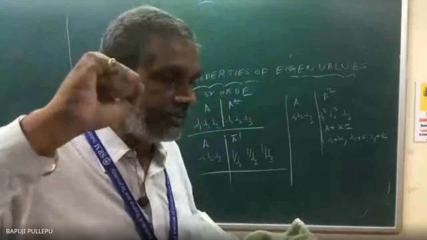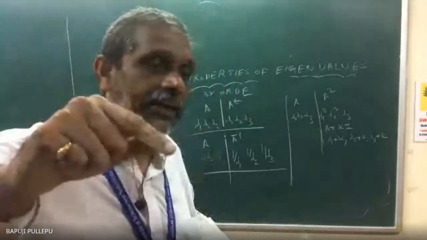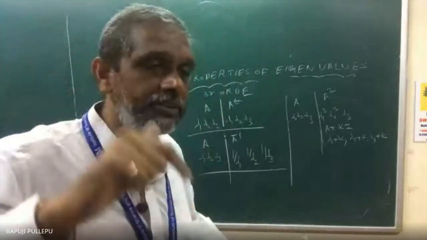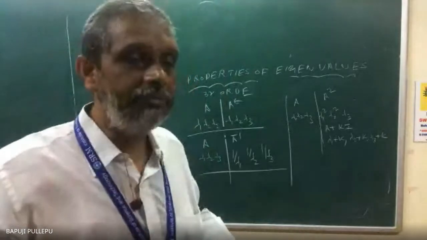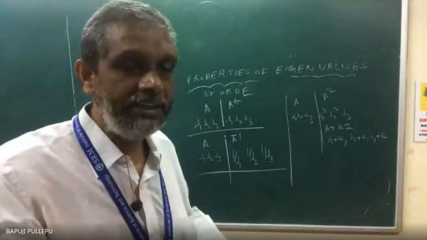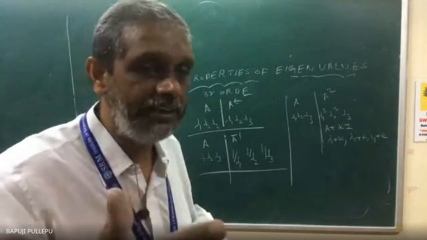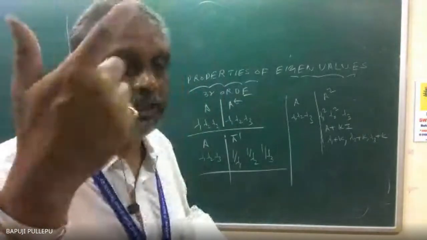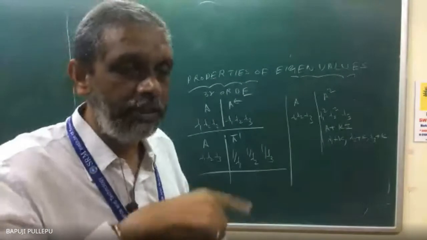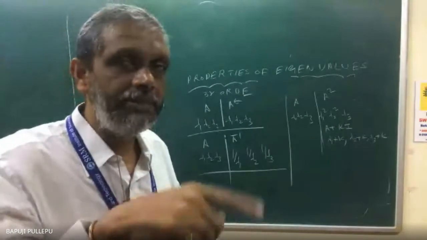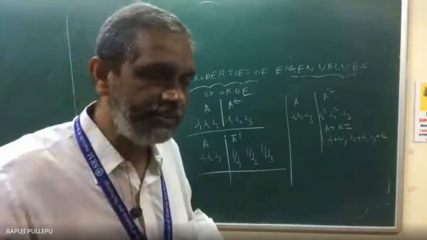Now they are asking for the eigenvalues of A plus kI. For A I am adding kI, so to my eigenvalues I also add k, because I cannot add k to a matrix, I am adding a simple number. So here you get lambda 1 plus k, lambda 2 plus k, lambda 3 plus k.